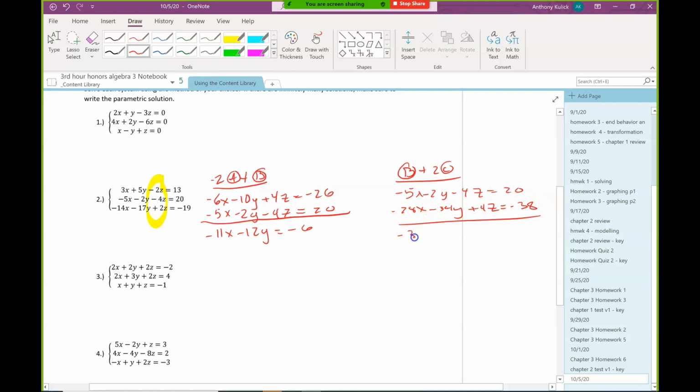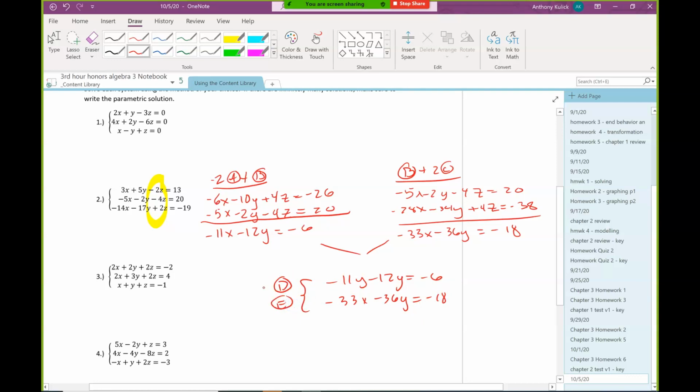So when I do that, I have negative 33x minus 36y equals negative 18. So those become a new system. We'll call those equations D and E.